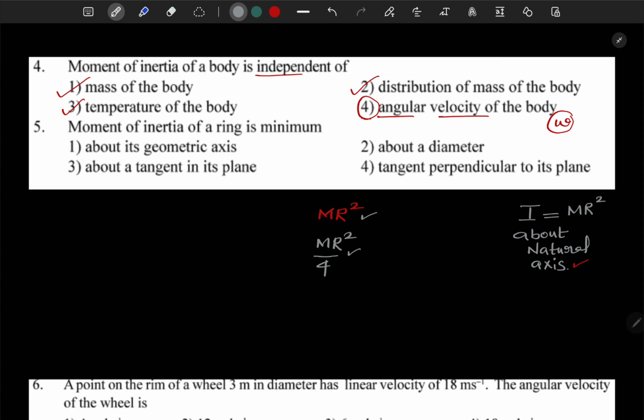So sorry, mr square by 2 here. So for a ring, this is Id, diametrical axis, and this is In, natural axis. If you observe, Id plus Id is In, so Id is In by 2, therefore it is minimum about the diametrical axis. So the correct option for question number 5 is option 2.